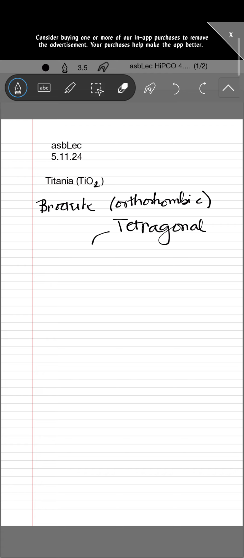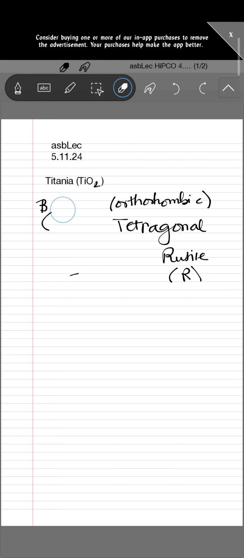One is called the anatase, and the other one is called the rutile. So we will address them as B, A, and R.